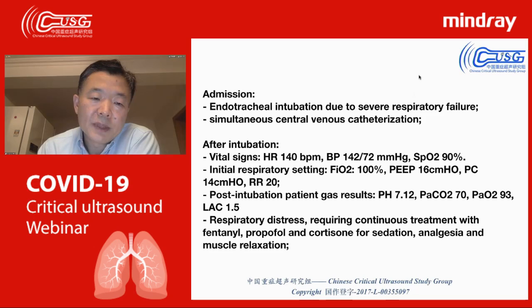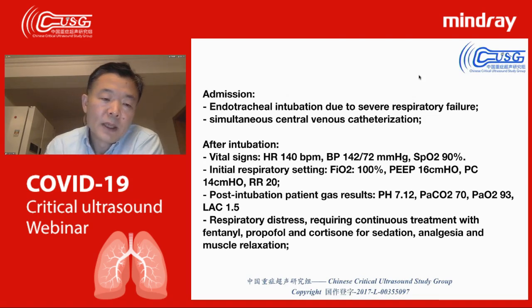And simultaneously, the central venous catheter was cannulated. After that, the patient's vital signs: heartbeat 140, blood pressure more or less okay, but SpO2 was 90%.